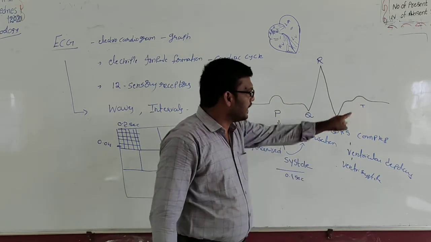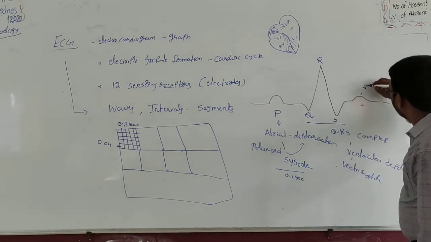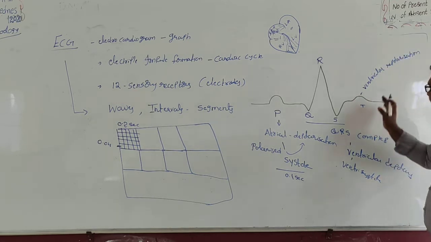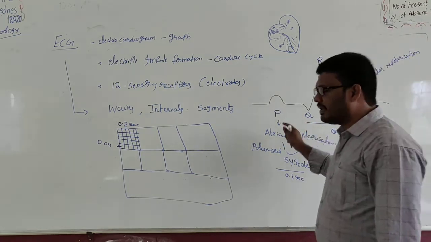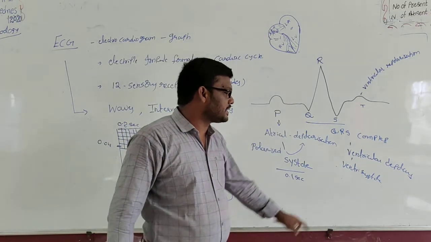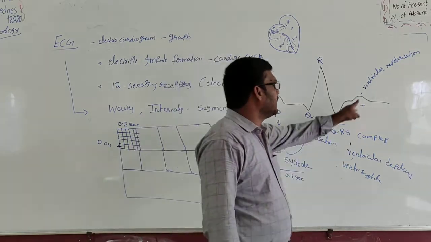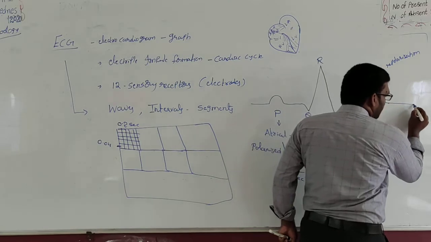Okay, and then see, T indicates ventricular repolarization. That indicates the relaxation state. That's why P indicates atrial systole, QRS indicates ventricular depolarization and ventricular systole, and T indicates ventricular repolarization, and the remaining will be continuous.